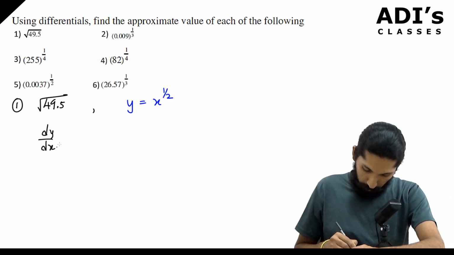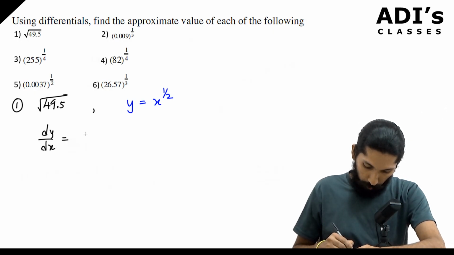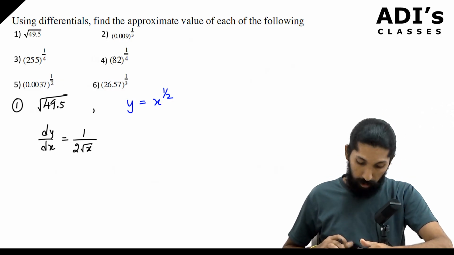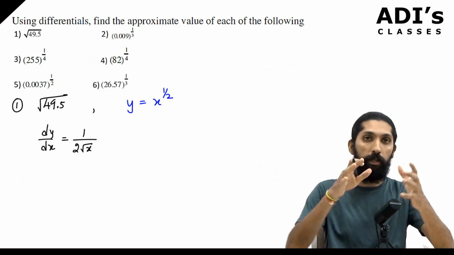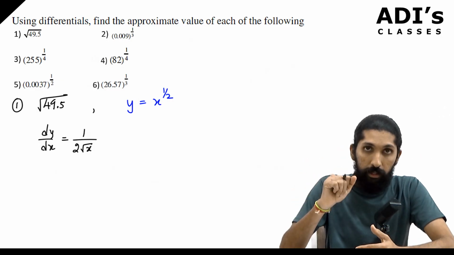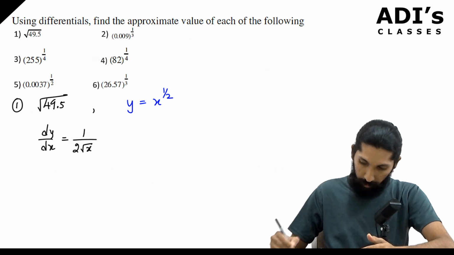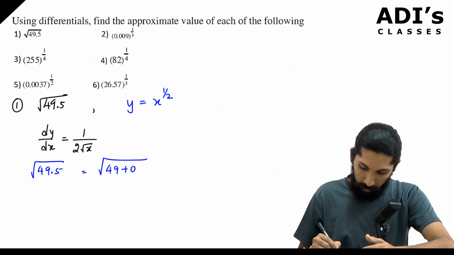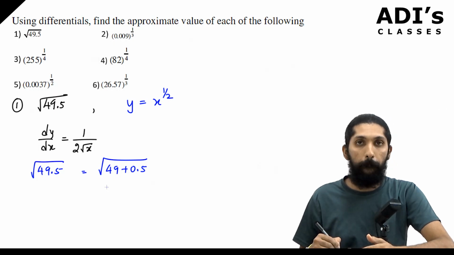Dy by dx will be equal to 1 by 2 root of x, isn't it? Now root of 49.5, you can take it as root of 49 plus 0.5, isn't it?